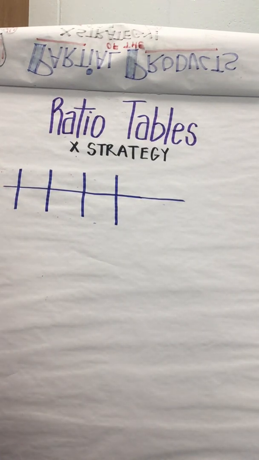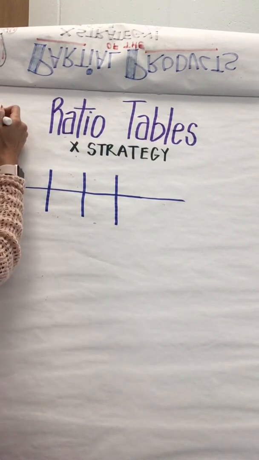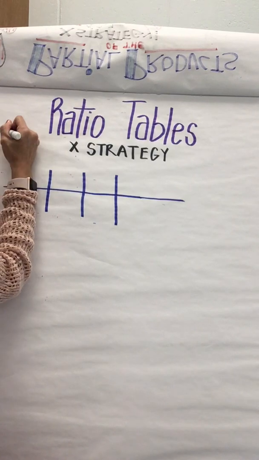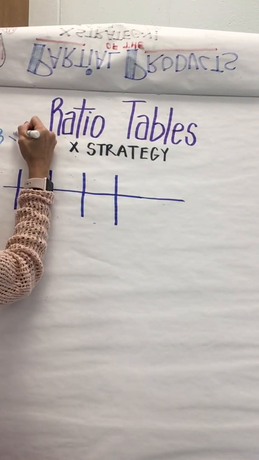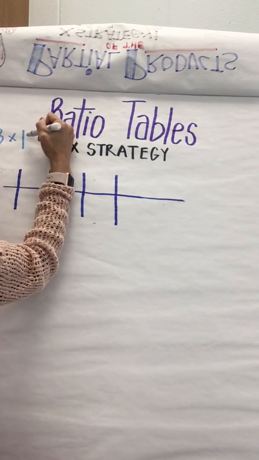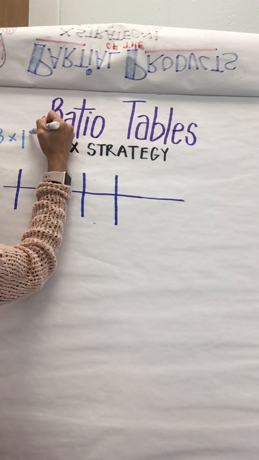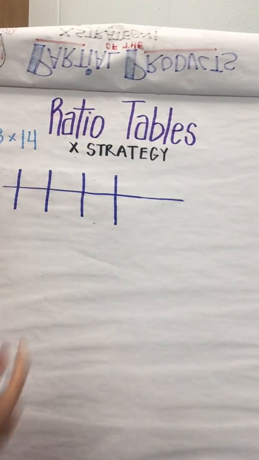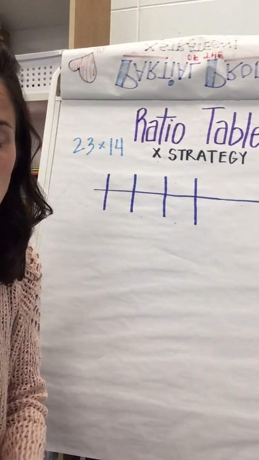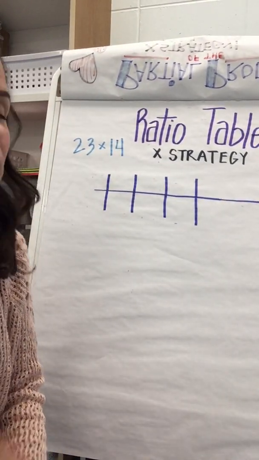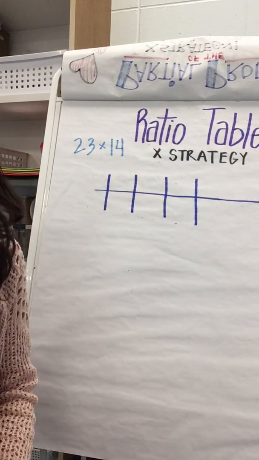Let me write it down. How about 23 times, I don't know, how about 14? So not a basic fact, not something that we should memorize, but we can use this to help.